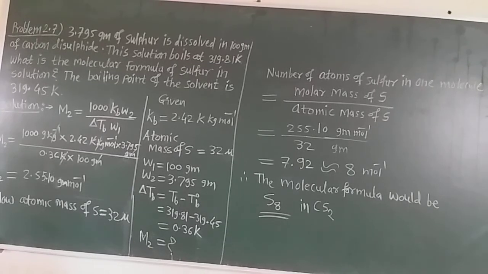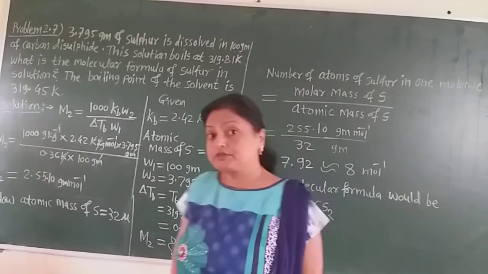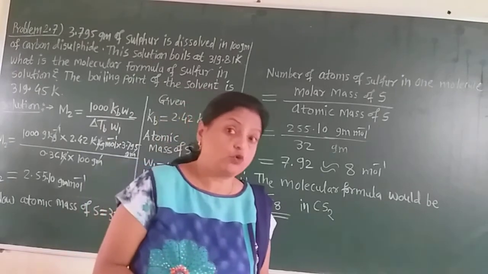Let us see here. The number of atoms of sulfur in one molecule is calculated, we have to calculate the number of atoms to determine the molecular formula of sulfur.